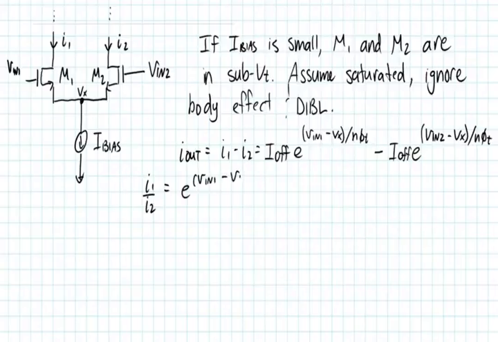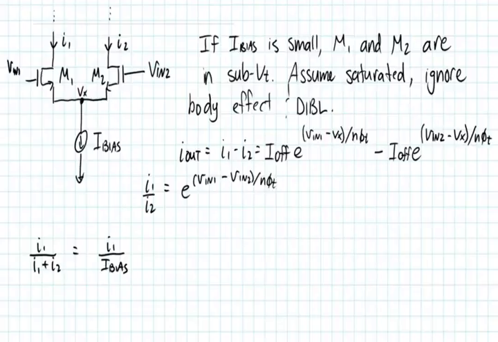All right, then I'm going to take I1 over I1 plus I2, for reasons that will again be clear shortly. What that really means is that's I1 over I bias. This is the large signal model. I bias sums out through KCL to the current going through both M1 and M2.